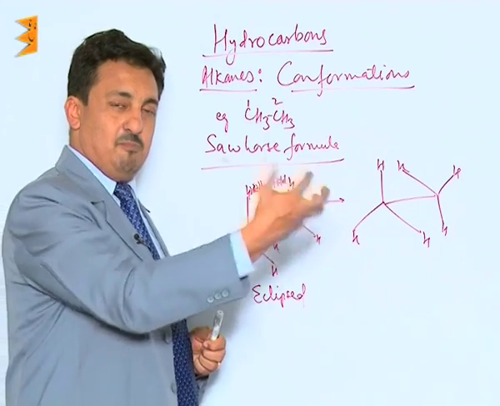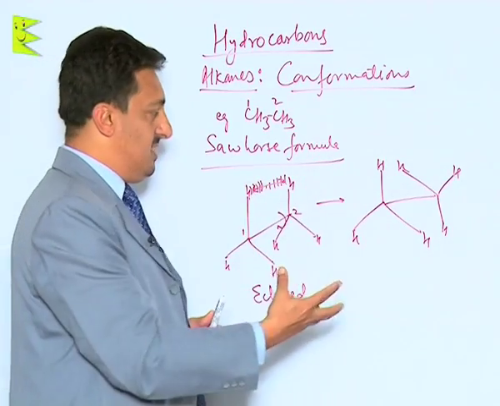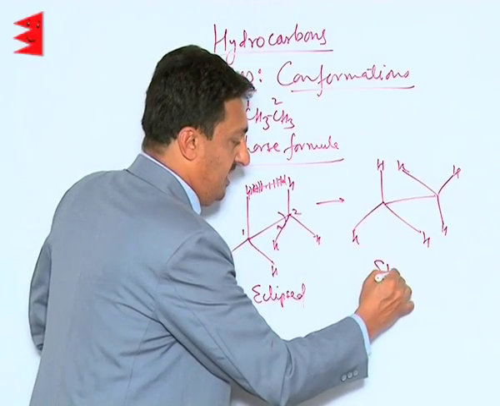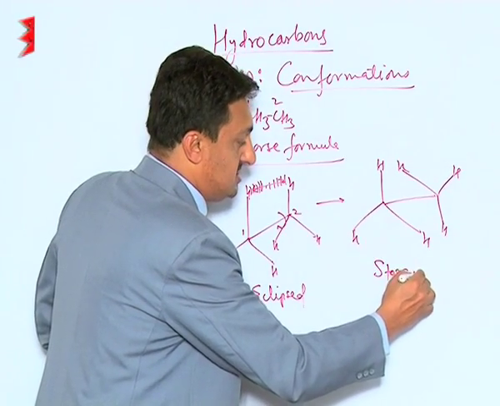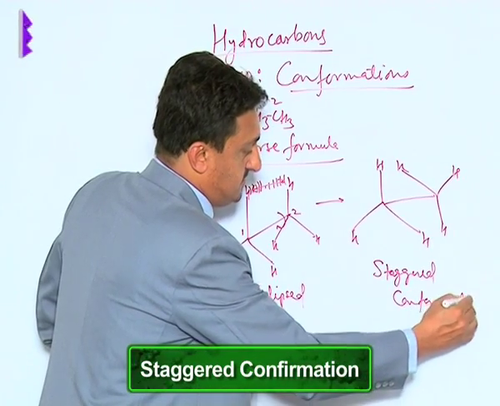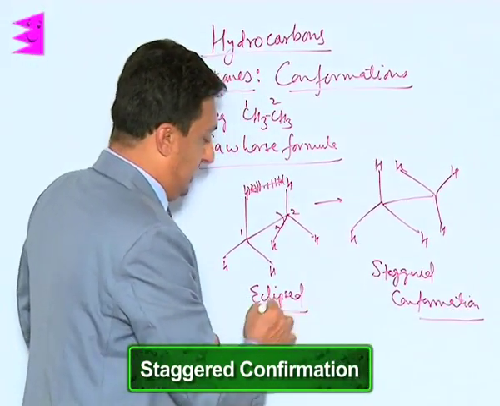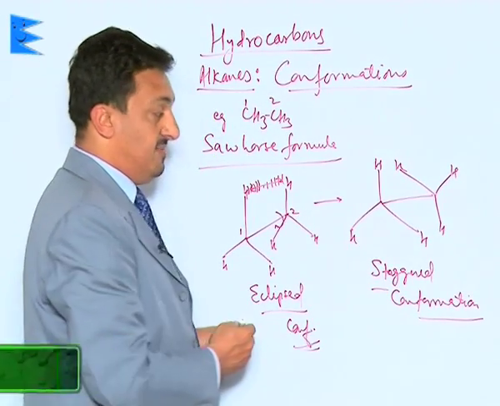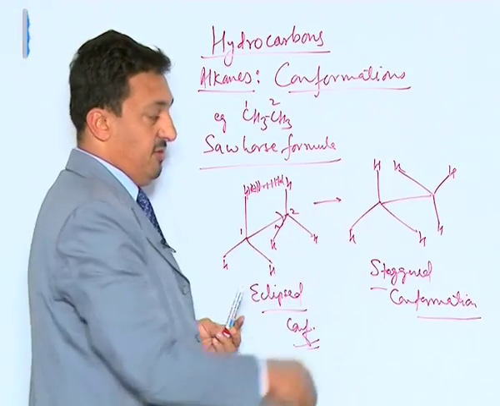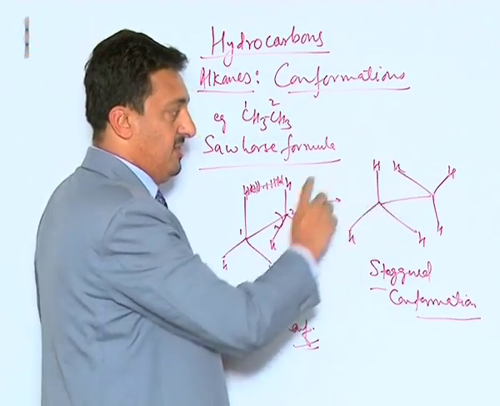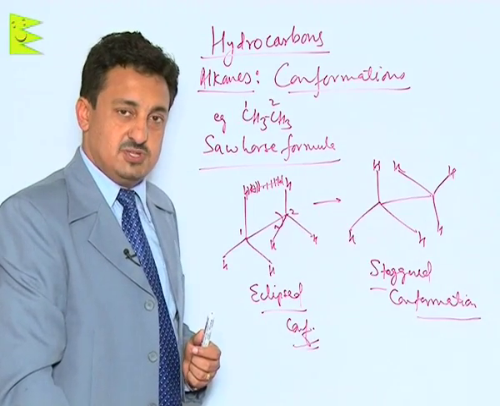So whenever we pick up ethane molecules, we will have ethane molecules in both this eclipsed form and in this form. And this form is called staggered conformation. So this is eclipsed conformation, this is staggered conformation, and the staggered conformation has a lower energy. The reason is that there is no eclipsing of the hydrogens, so the interelectronic repulsions are minimum.